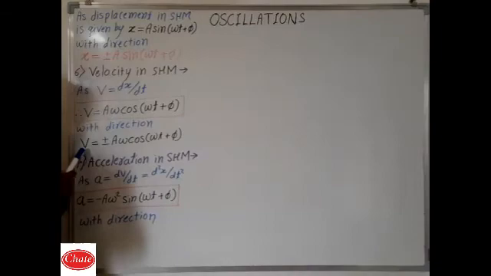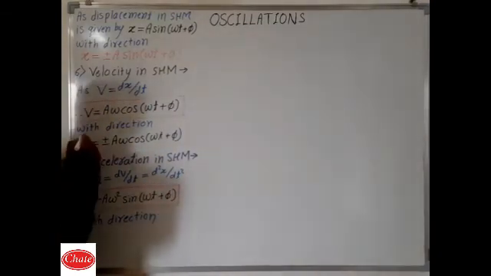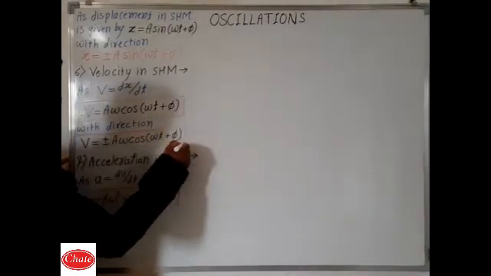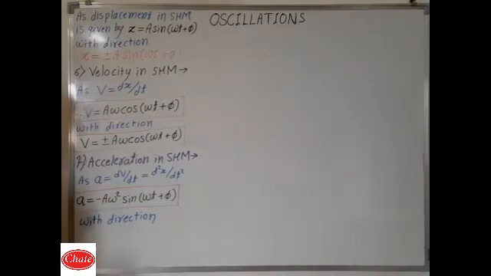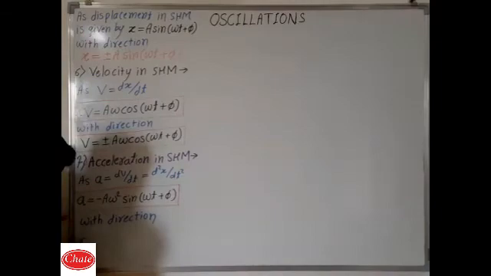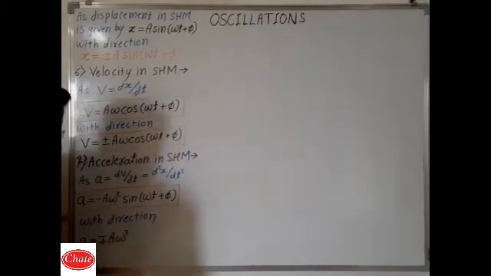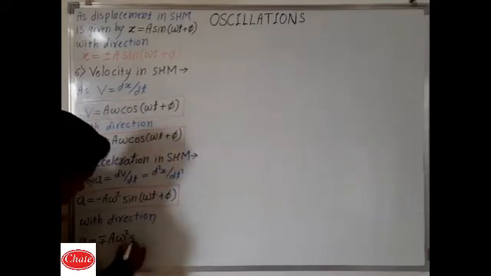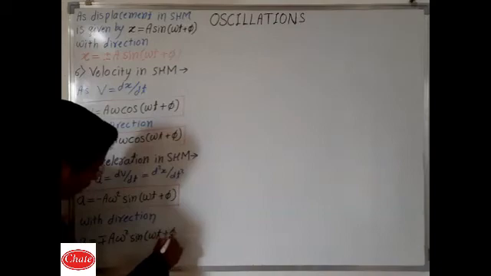With direction velocity काय लिहिली आपण, that is plus minus a ओमेगा cos ओमेगा t. आलं लक्षात. पण ऍक्सलरेशन मात्र जरा उलट येतं, ते काय येणार a इक्वल टू मायनस प्लस a ओमेगा स्क्वेअर साइन ओमेगा t प्लस फाय. डन.